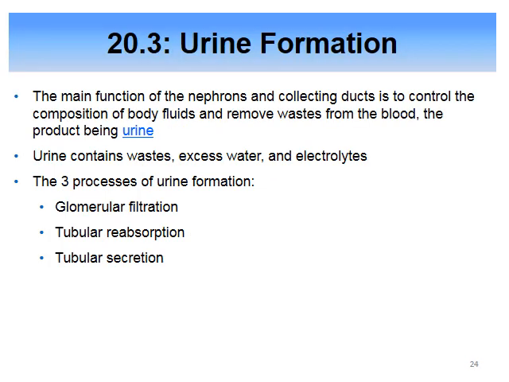Okay, so urine formation. We have three major processes when it comes to urine formation: glomerular filtration, tubular reabsorption, and tubular secretion. Glomerular filtration, we talked about, is the liquids being squeezed out of the glomerulus into the tubule.